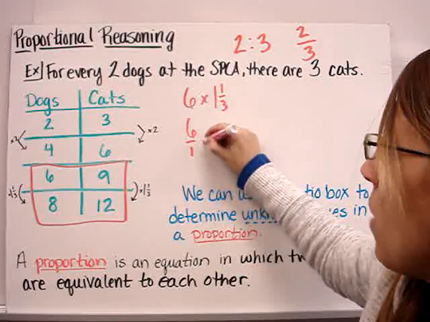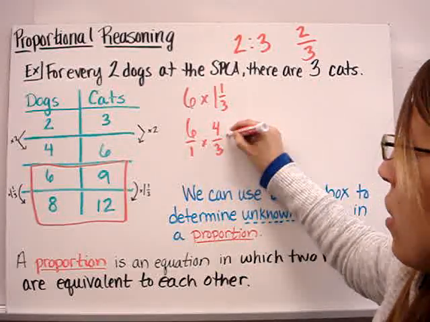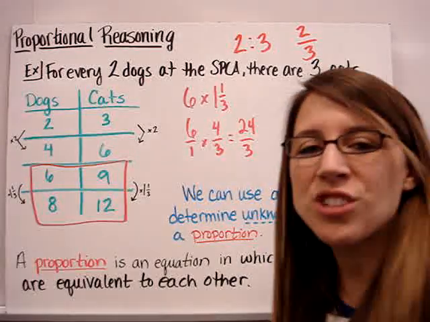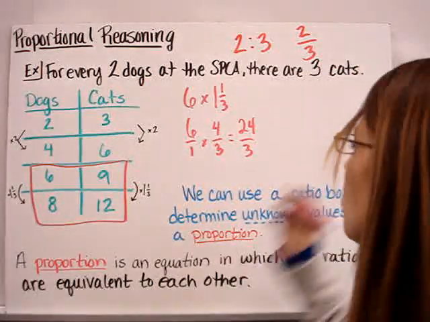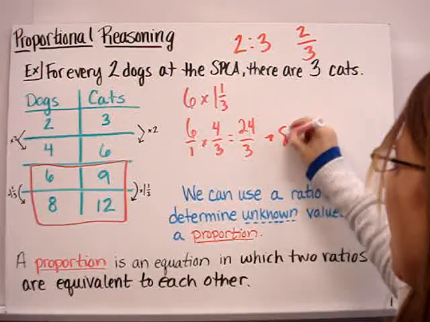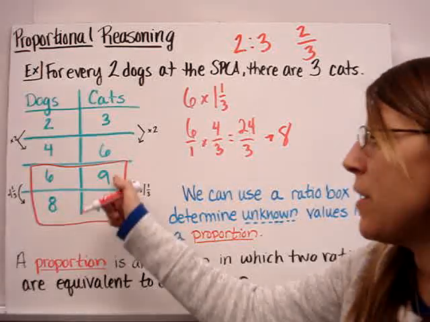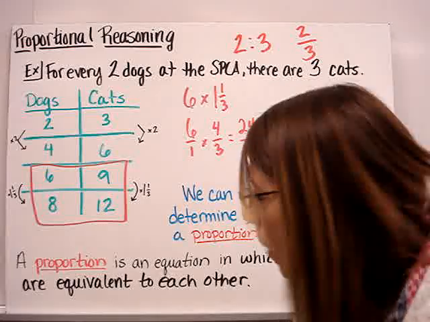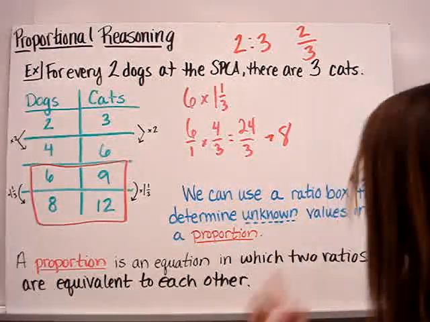So 6 over 1 times 4/3 is 24/3. Remember that a fraction is an unsimplified division problem, so 24/3 is equal to 8, okay? Same thing would hold true for 9 times 1 1/3, we would get 12, all right?